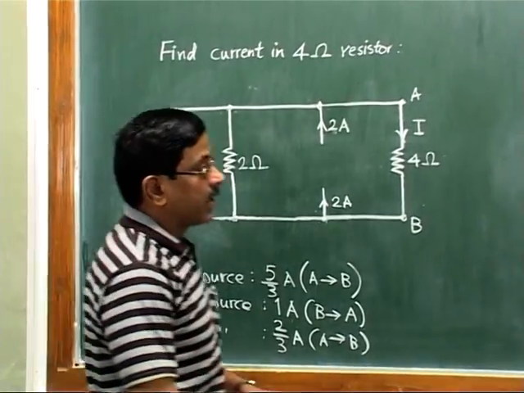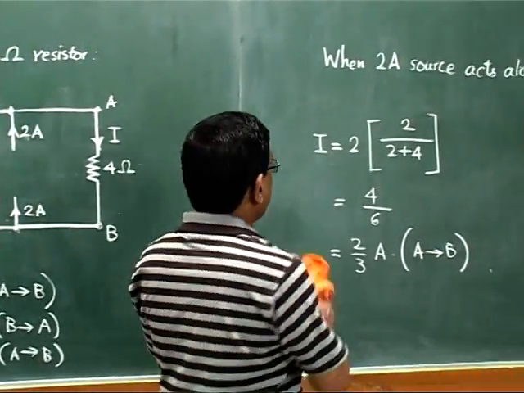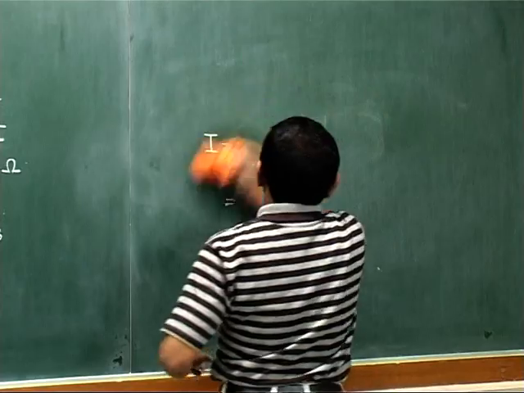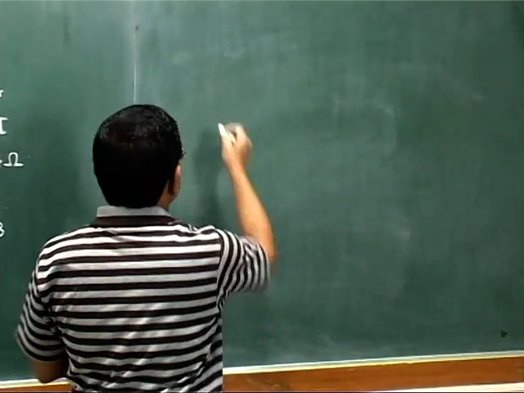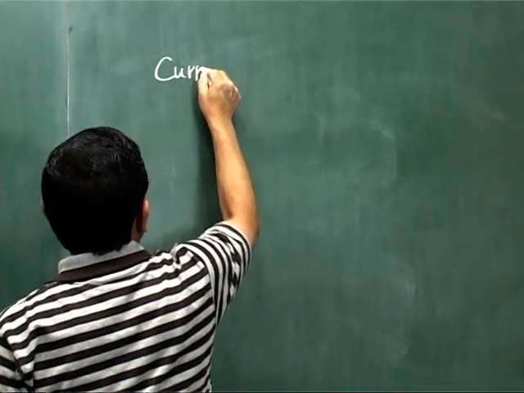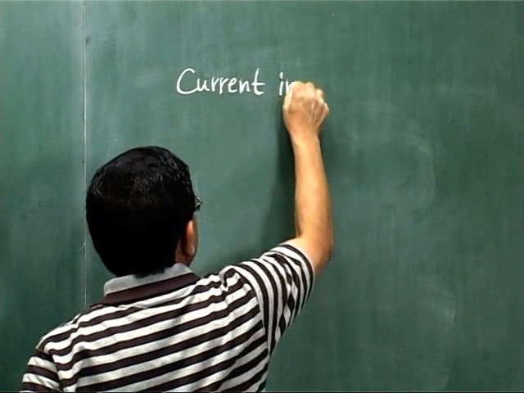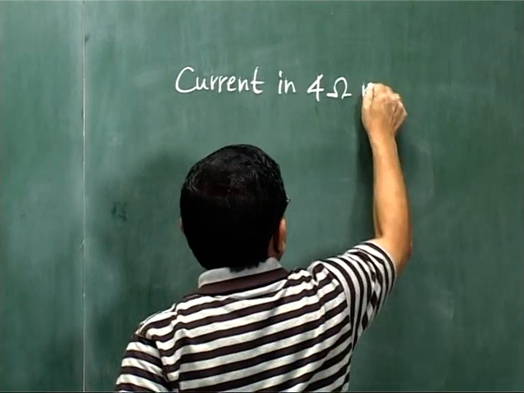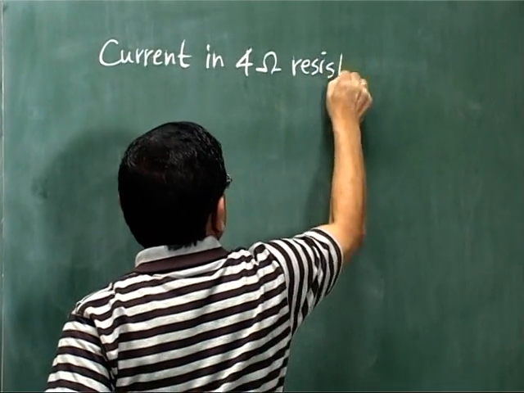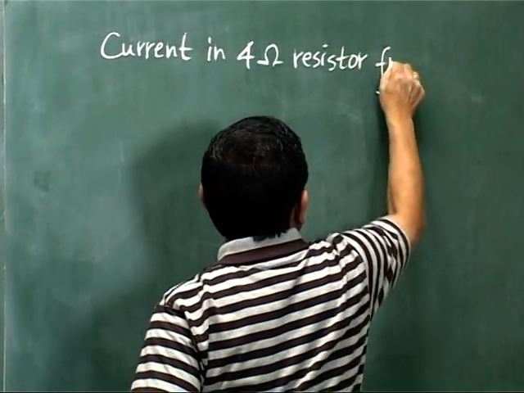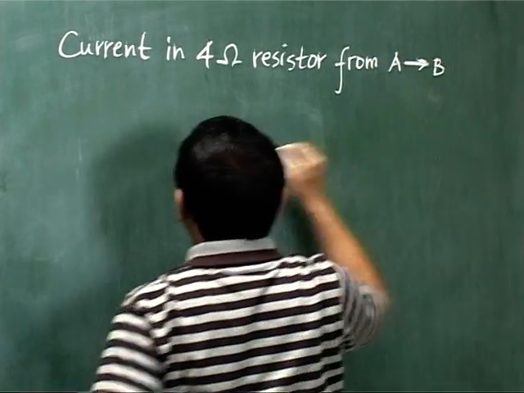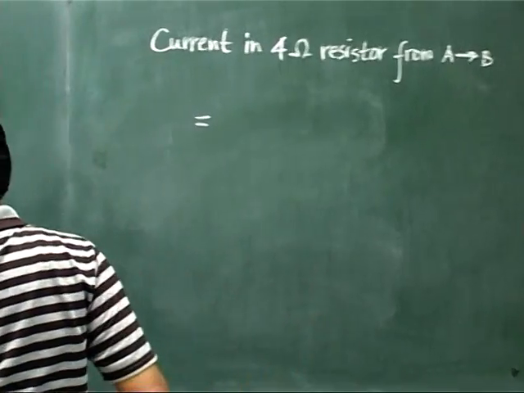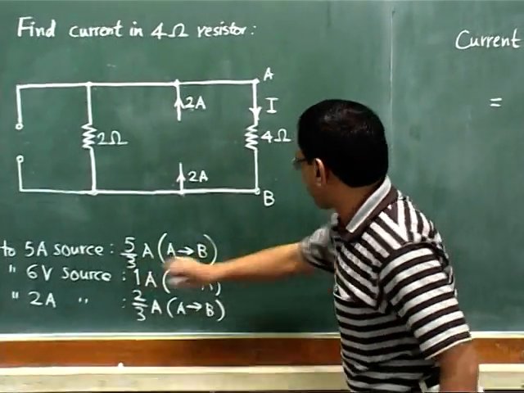And now let us find out the final result. So final result, we can calculate it like this. So we write current in 4 ohm resistor. Now any one direction we assume first, suppose A to B. From A to B, it will be equal to, now A to B, this first value is already A to B, so 5 by 3.